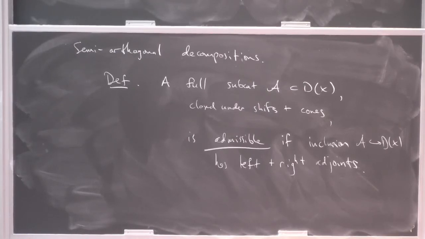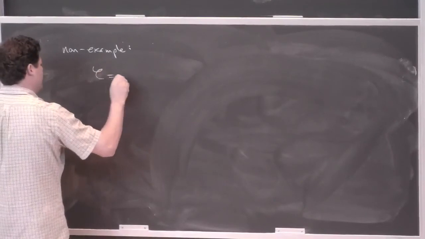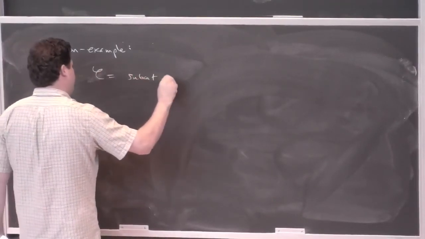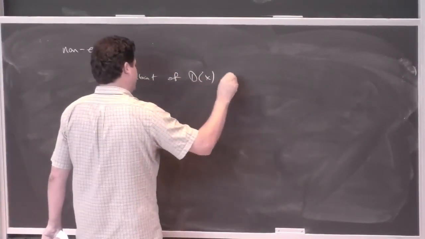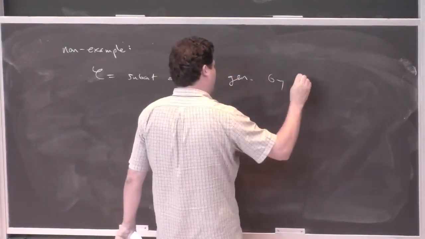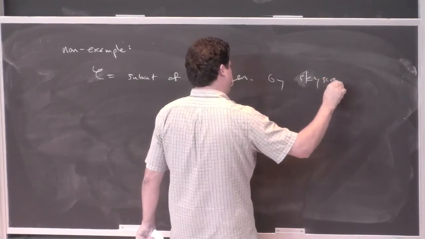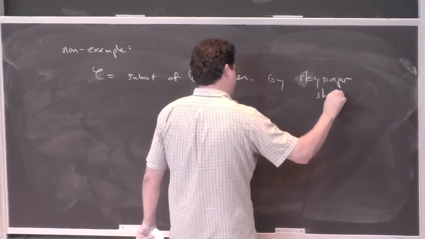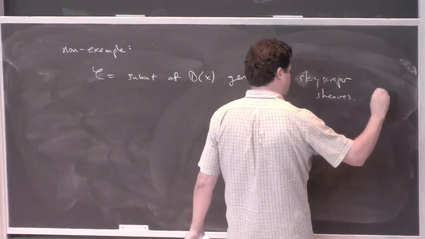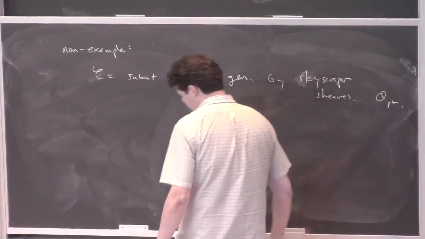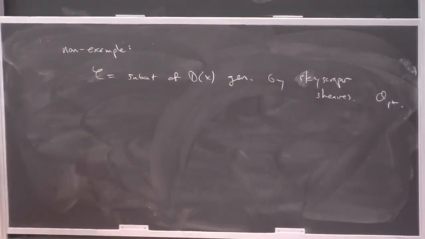Let C be the subcategory of D of X generated by skyscraper sheaves. So I have all my skyscraper sheaves around. I'm allowed to take cones between them, so I can get sheaves with finite support.